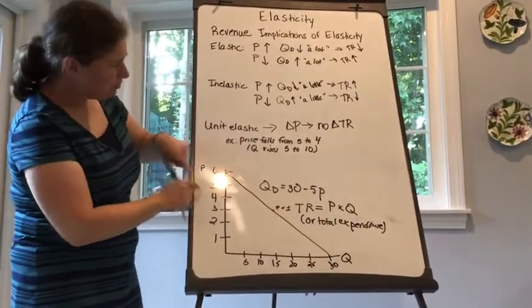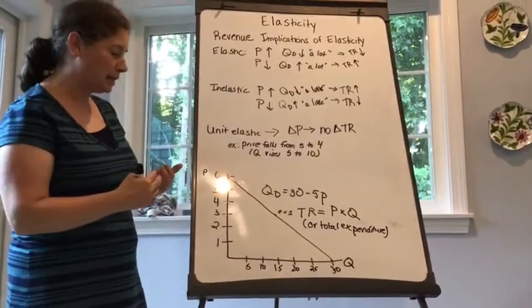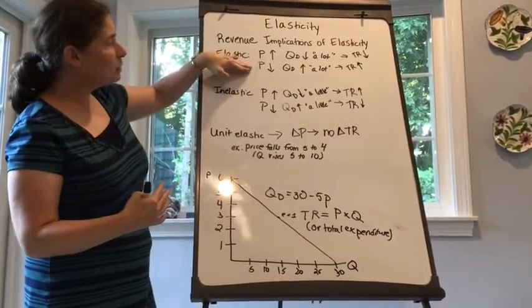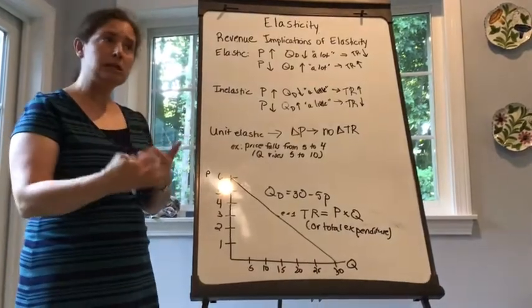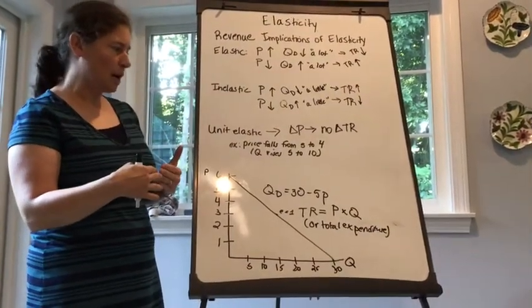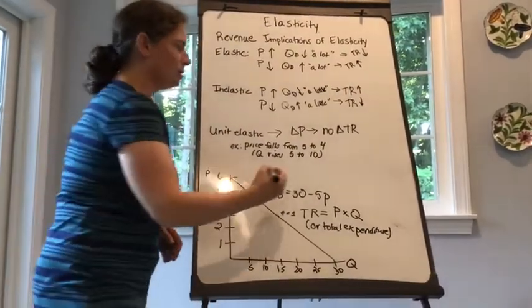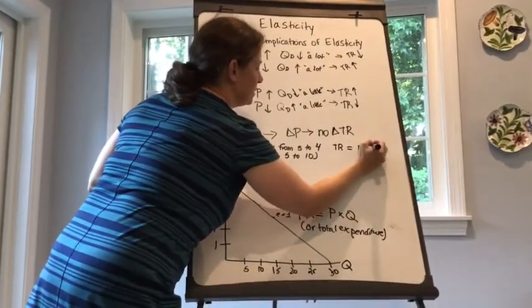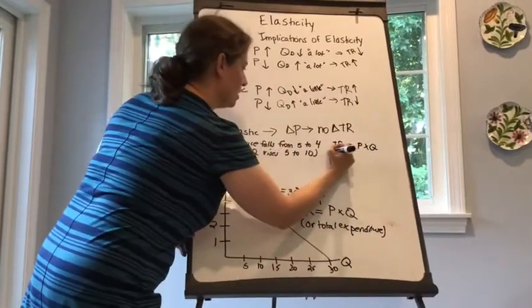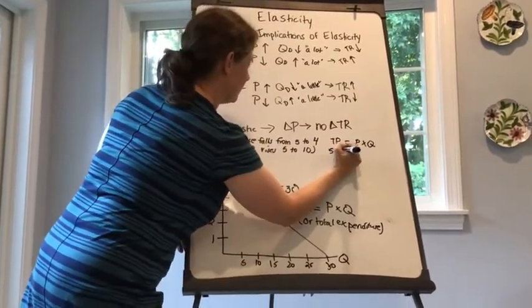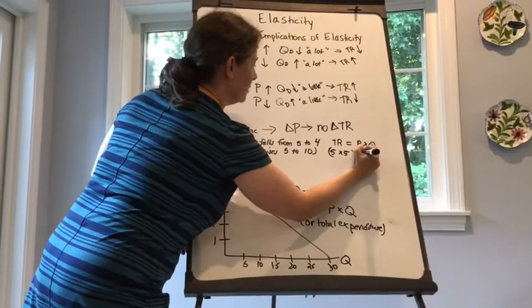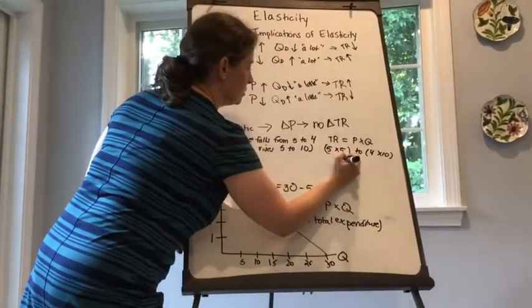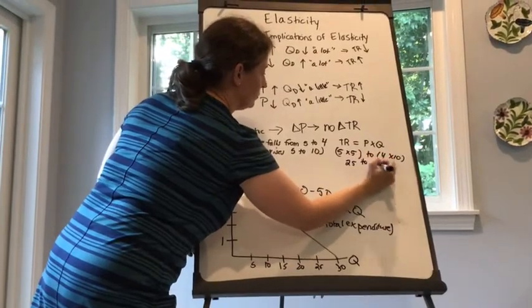So as we move from 5 to 4, what we'd expect to see is a result consistent with demand being elastic. As we lower the price, we would expect to see total revenue, or price times quantity, rising. So let's see what happens. Total revenue is P times Q, and it goes from 5 times 5 to 4 times 10, to 40.